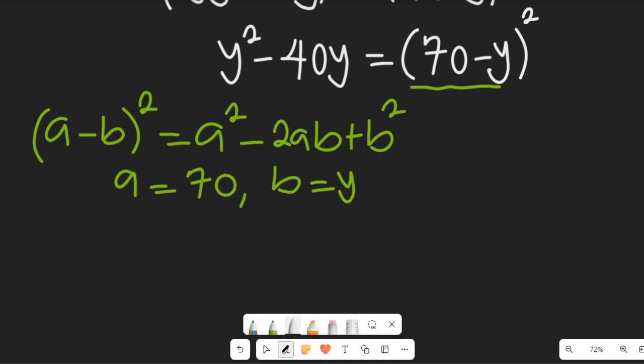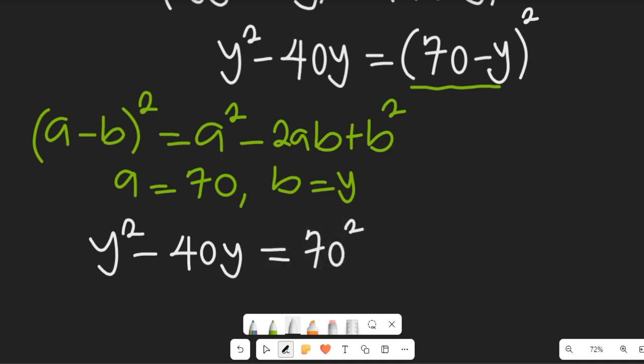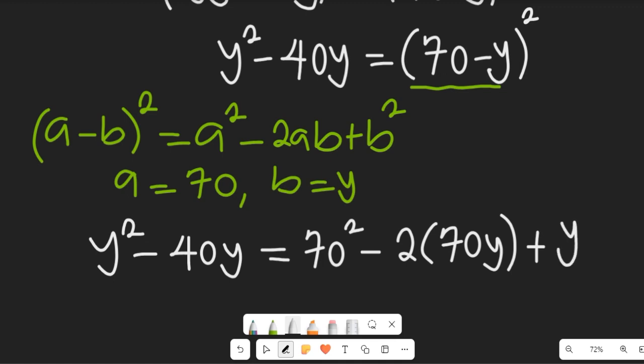So this expression will now be y squared minus 40y, and this will be equal to 70 squared minus 2 multiplied by 70y, right, and this will be plus y squared.